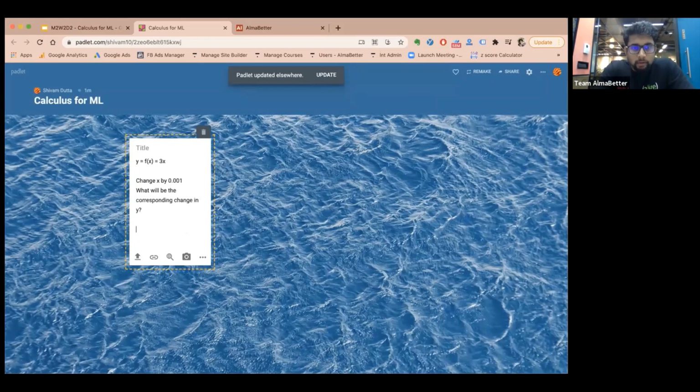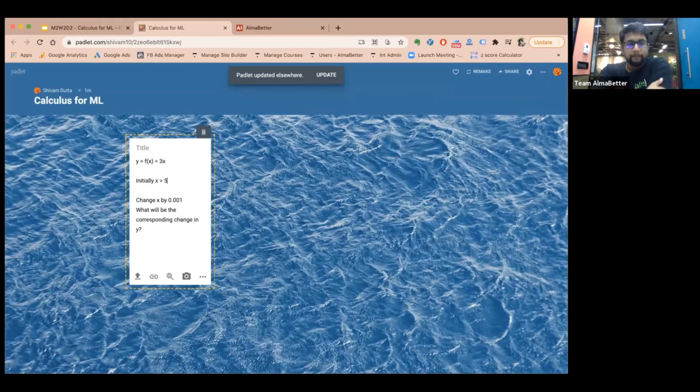First put the old value of x. Initially x is equal to 5. Okay, so your y is basically then 15. Okay, if you change x by 0.0001, what will be the corresponding change in the value of y? What will be the new value of y?